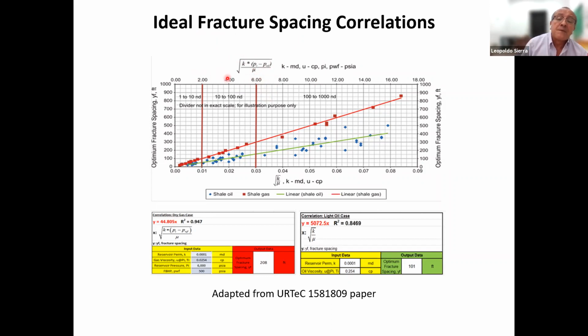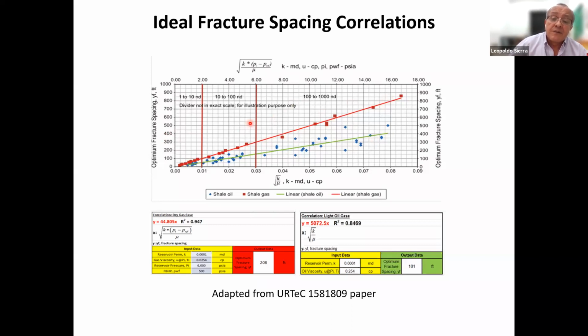For example, if this ratio is 6, I can easily calculate the ideal fracture spacing of 300 feet. So I don't need to know more parameters to make an easy calculation of the fracture spacing for my specific project.